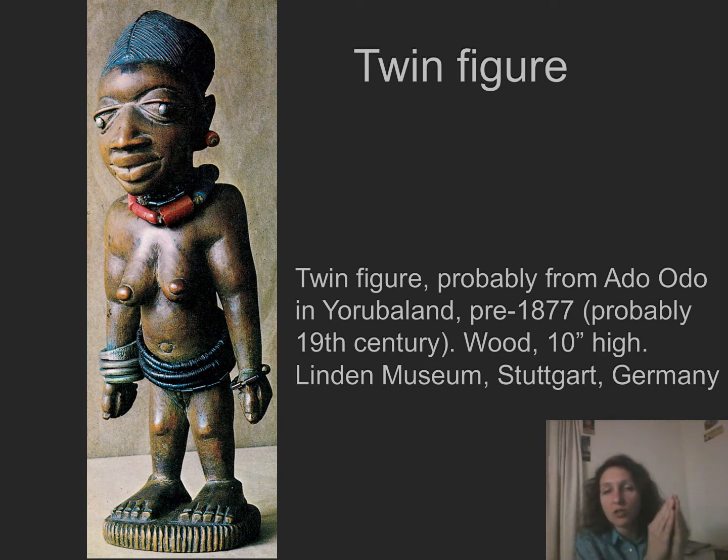Just for using a term, the same spirit. So if one were to ascend to the sacred realm, wherever that may be, the one that would be left behind would sort of be broken. So that's why this figure is created to hold the spirit of that twin that's passed away.